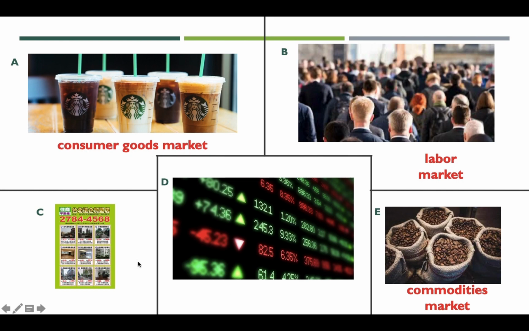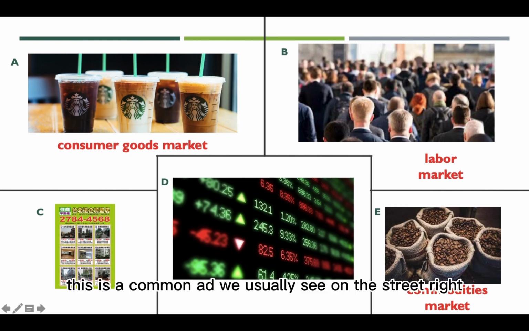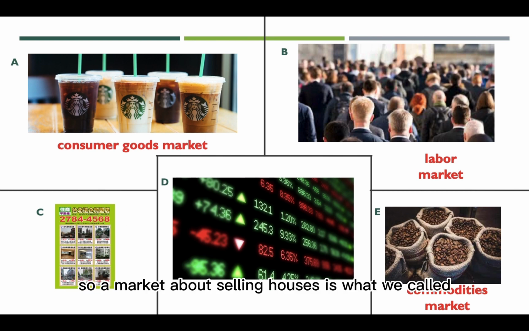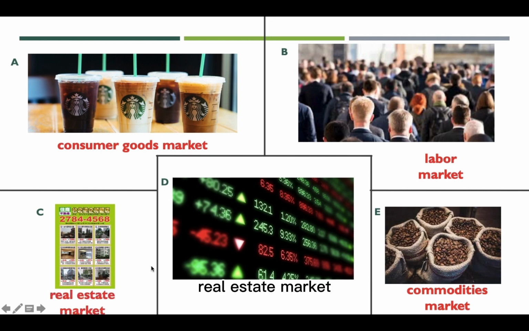Picture C, this is a common ad we usually see on the street, right? On this ad, you see postings about different houses. So a market about selling houses is what we call the real estate market. Okay, real estate market.